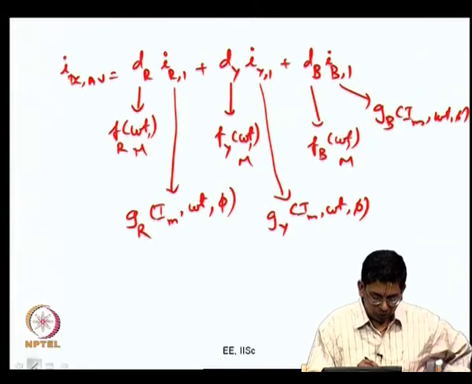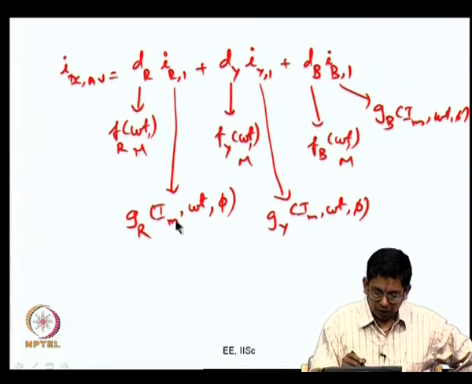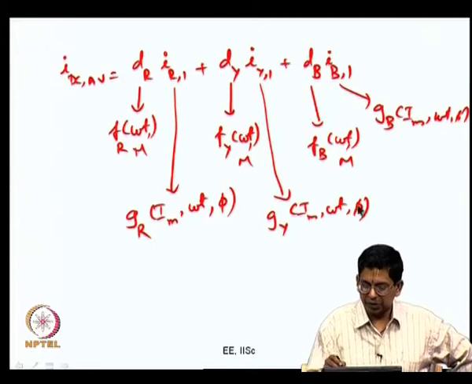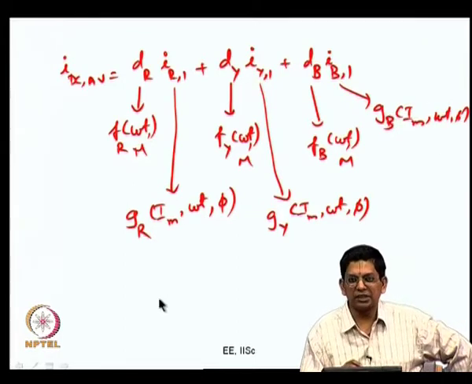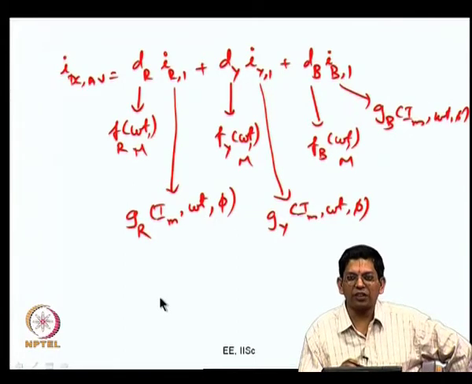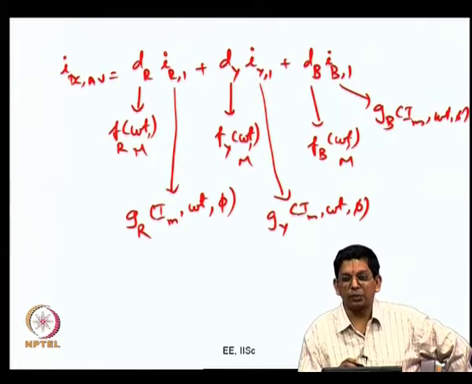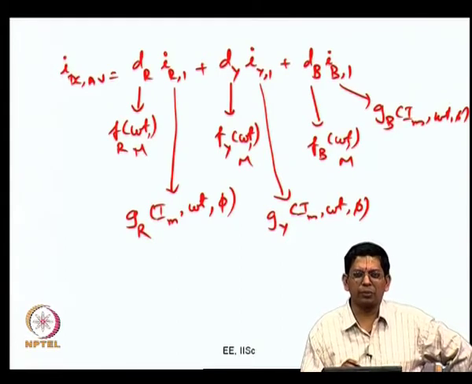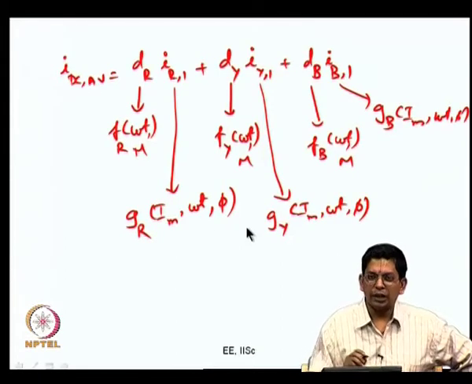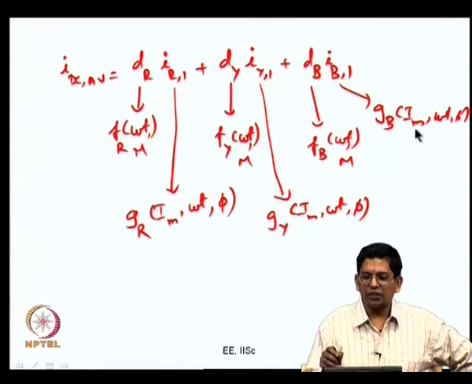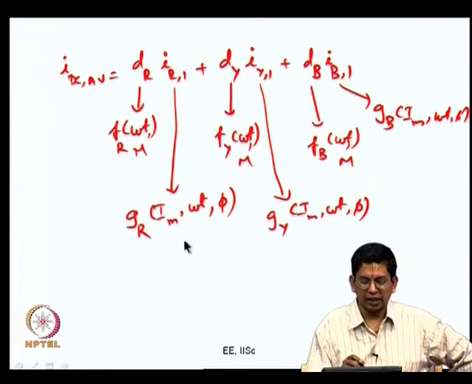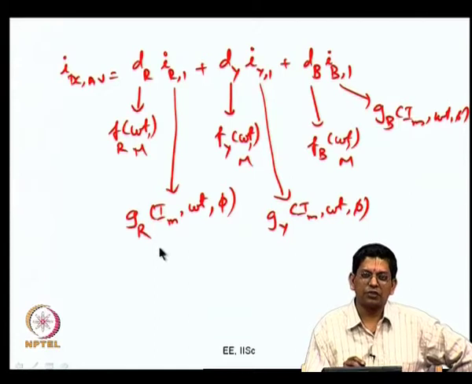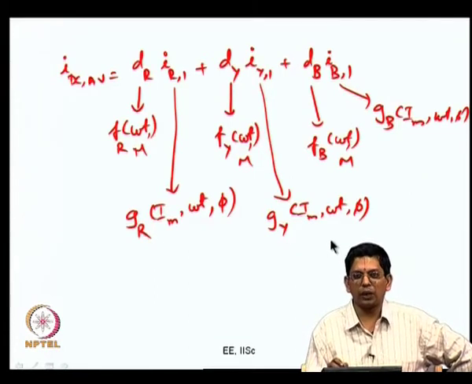So, this part is not dependent on the PWM method, they are just 3 phase quantities. We are ignoring the harmonic components, the ripple, we are assuming that the ripple is much smaller, which is true in most cases in PWM inverters, and therefore you can ignore them. Once you have ignored, it is only 3 phase currents: Im sin omega t plus phi, Im sin omega t minus 120 plus phi, Im sin omega t minus 240 plus phi.